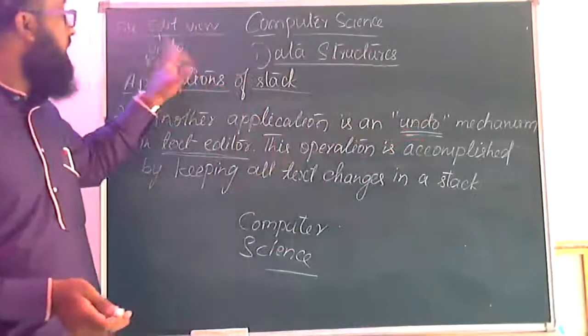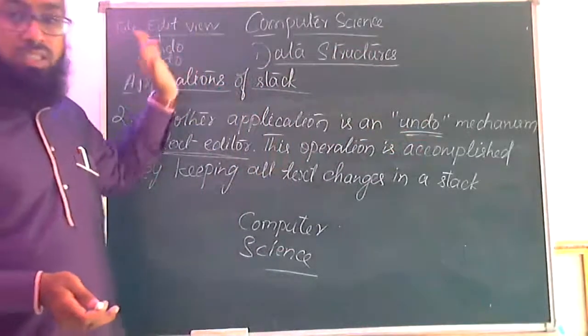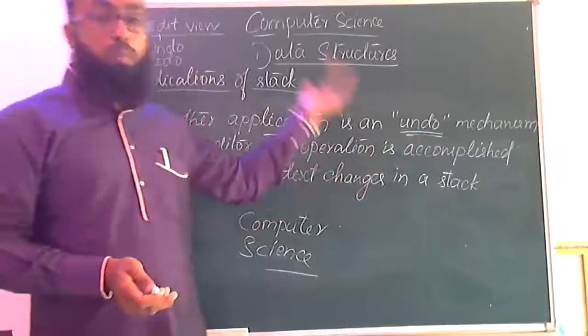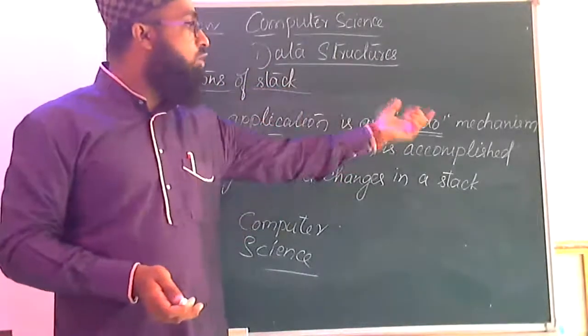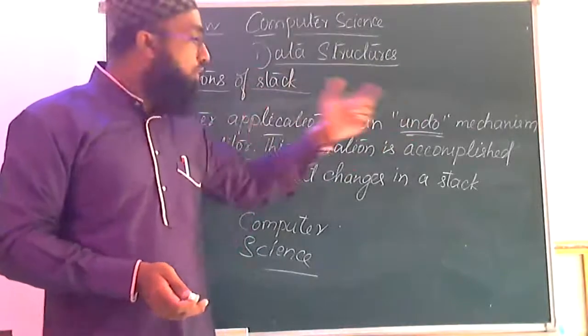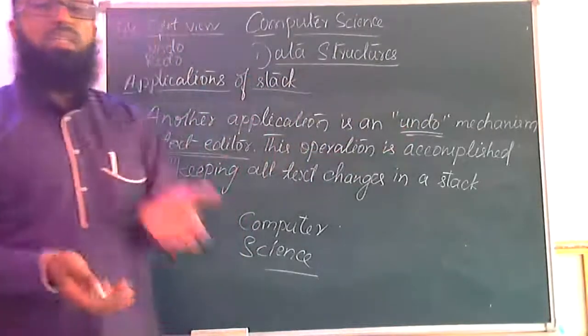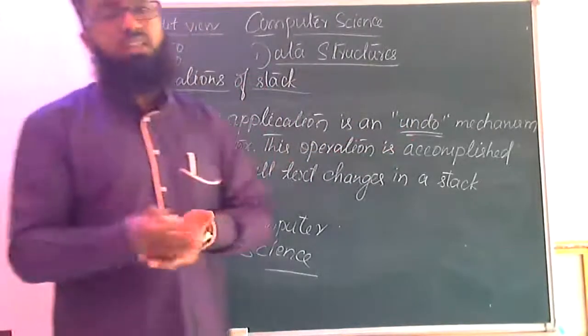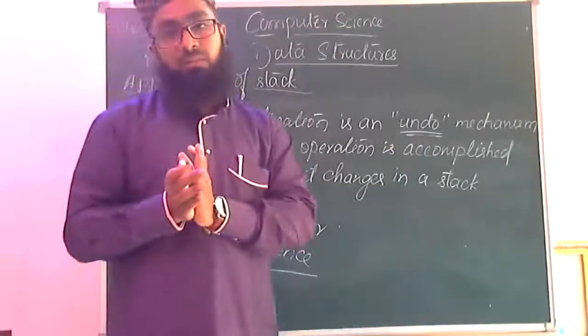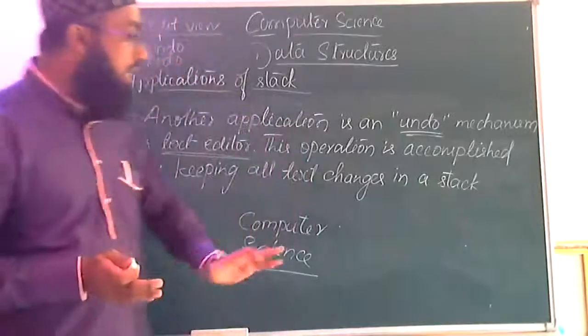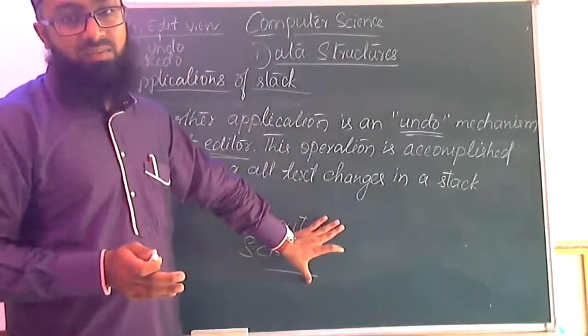By using the undo function, we can go back to the previous operations. This is called the undo mechanism. So for this undo mechanism, the things which we have done previously need to be kept somewhere. So all those things are kept in a stack.